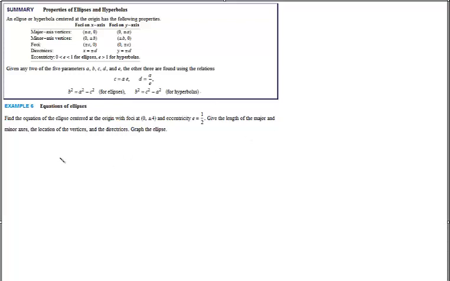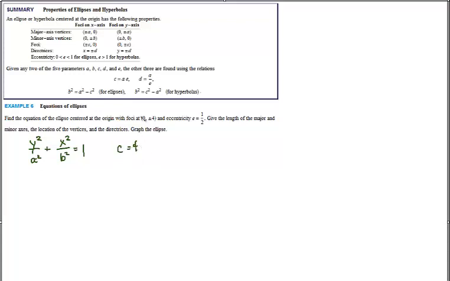Alright, we have all of the information that we need here. I can see that since the focus points are along this y-axis, we know that we have y squared over a squared plus x squared over b squared equals 1. So far I know that c is 4.